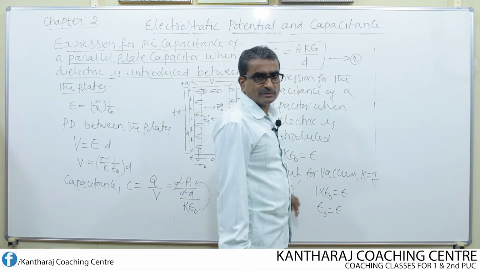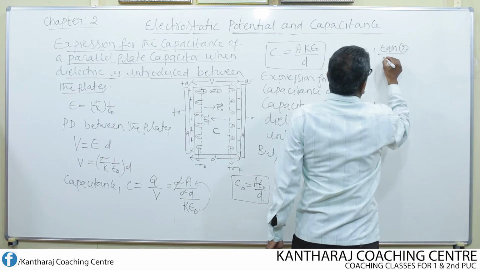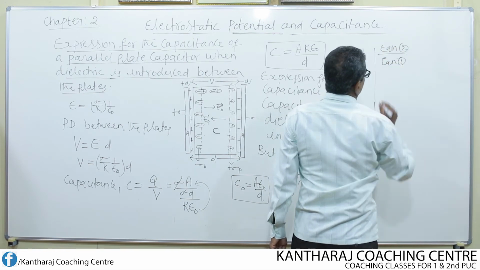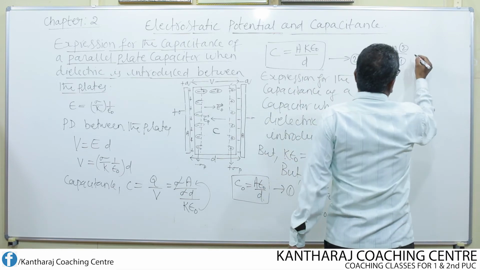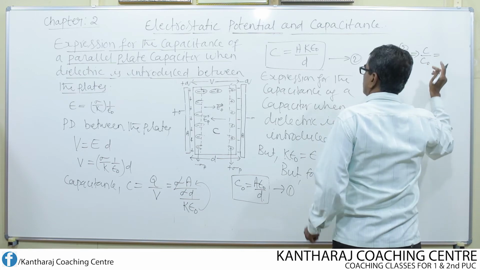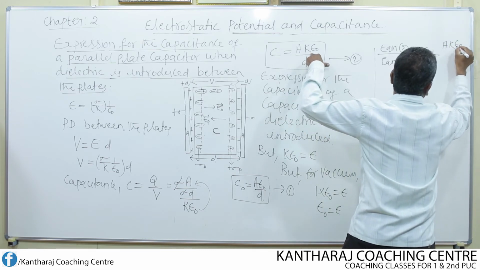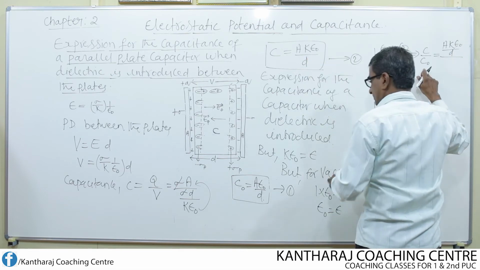2 by 1, which implies that C divided by C naught equals A into K into epsilon naught divided by D, divided by C naught. What is C naught?